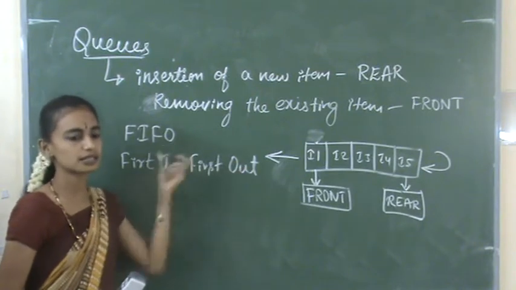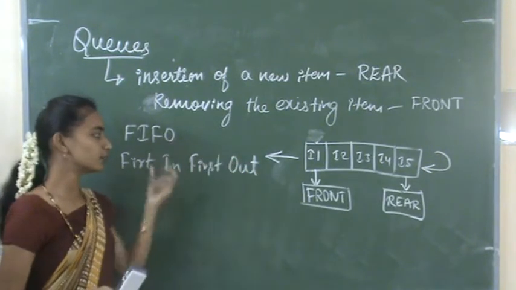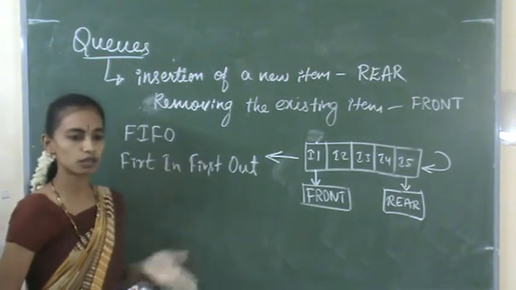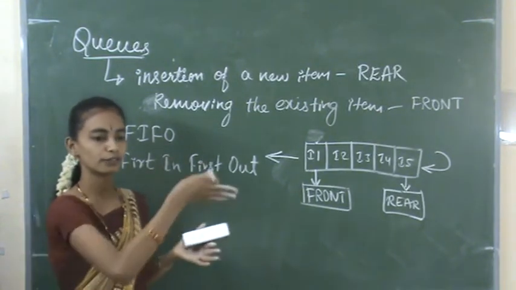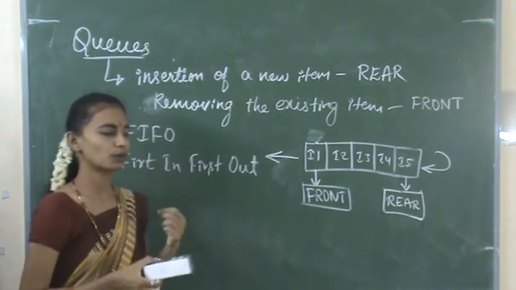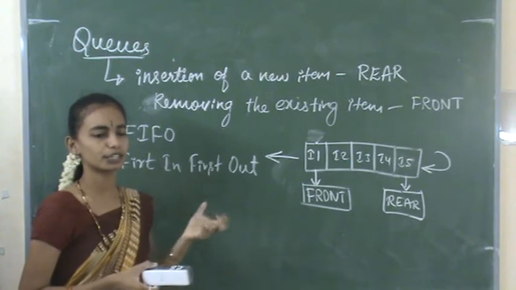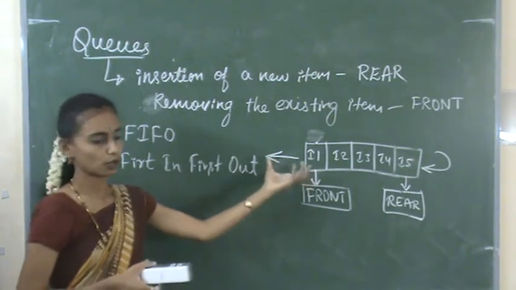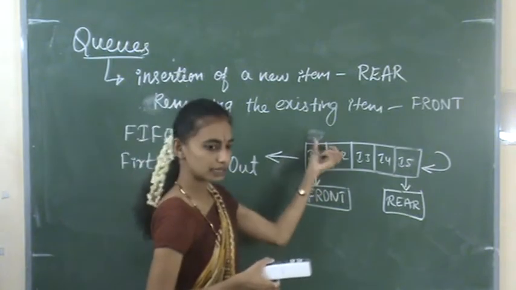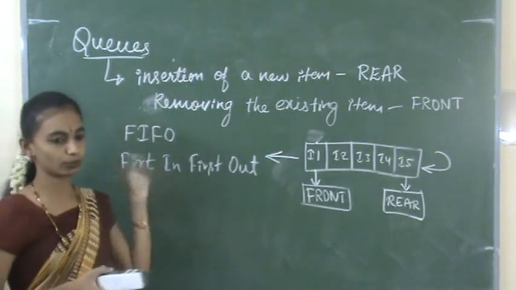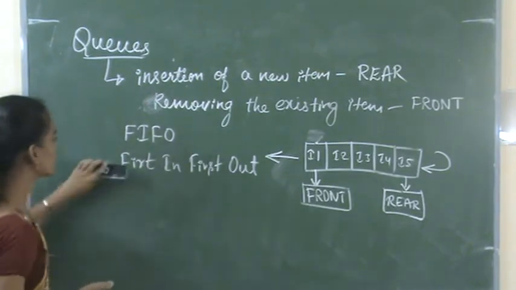The element inserted first will be removed first. As we know, in normal queues we give priority to who came first, like that here also. So this is about queue.